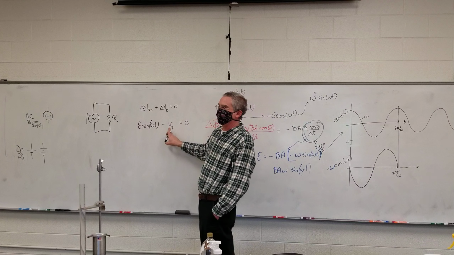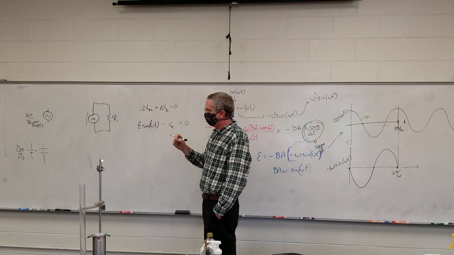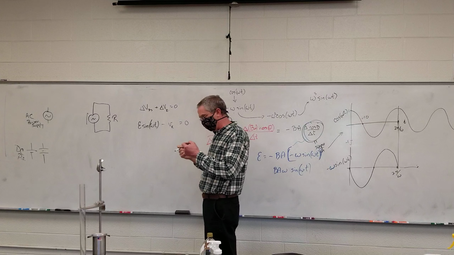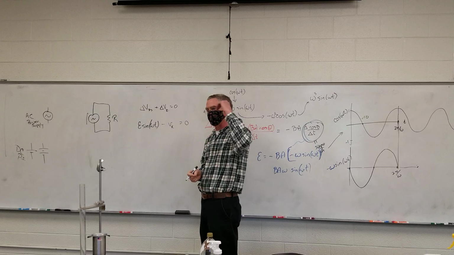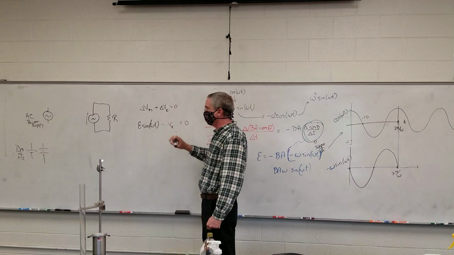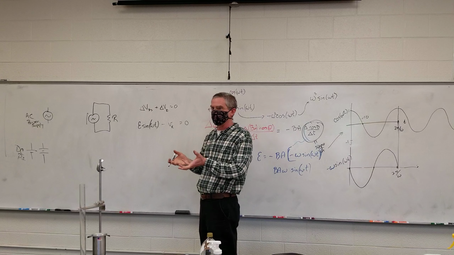I'm using a lowercase v here. Tradition is when you're talking about the instantaneous voltage, because the voltage is fluctuating back and forth, if you're talking about the voltage at some particular moment, you use lowercase. And if you're talking about the maximum voltage, you'd use uppercase.